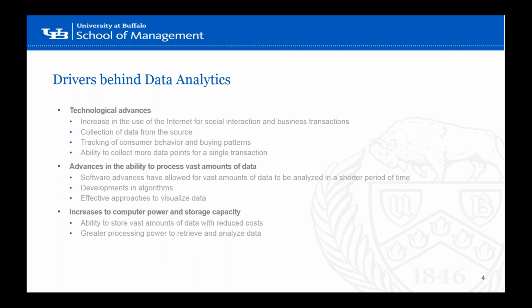And then computing power and storage capacity, we see that even on our own personal devices. If you bought a flash drive recently, you'll notice that you have a greater storage capacity, and it's often at a much reduced price or lower price than you would have paid just even a few years ago. So organizations are seeing the same thing for both processing as well as storage capacity, that they're able to get more for less. So that really incentivizes them to collect data, even if they're not sure what to do with the data yet.